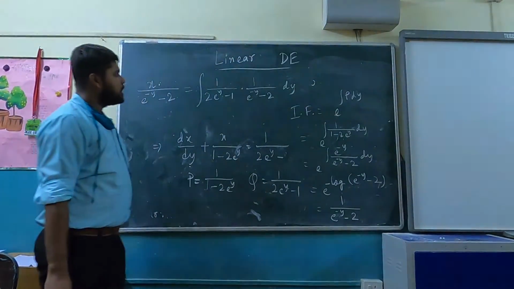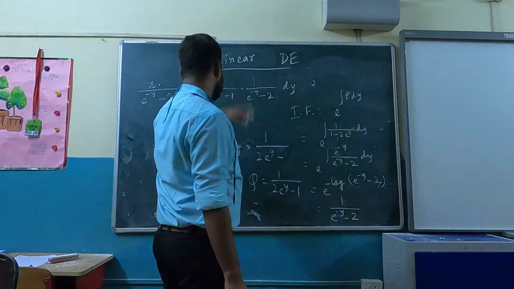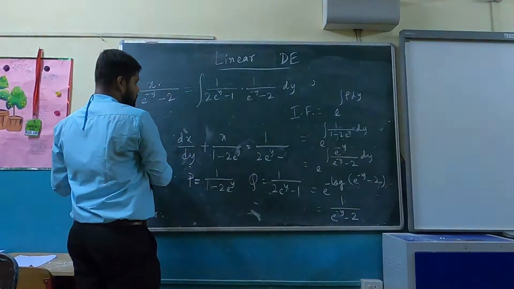this. Now e to the power minus y, if you just take it up there, or if you divide it, then what do I get?